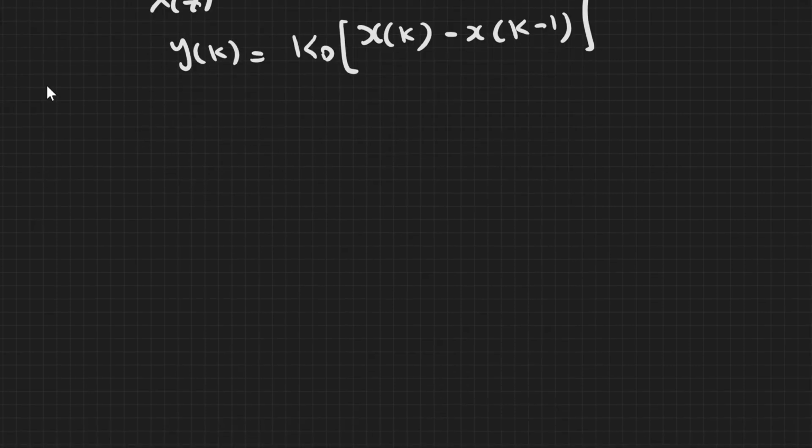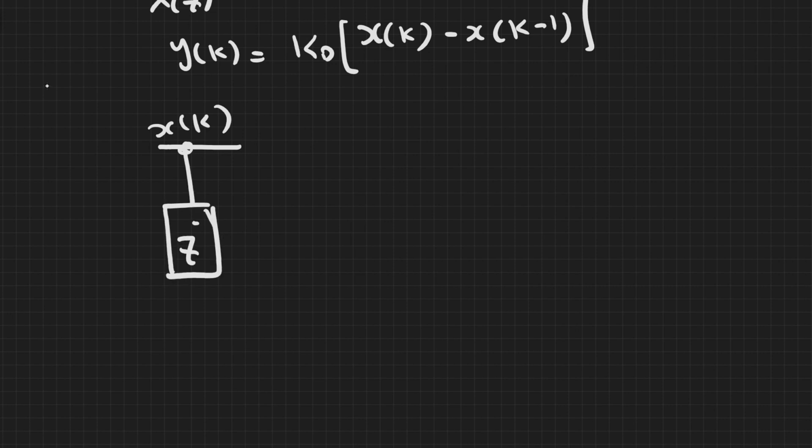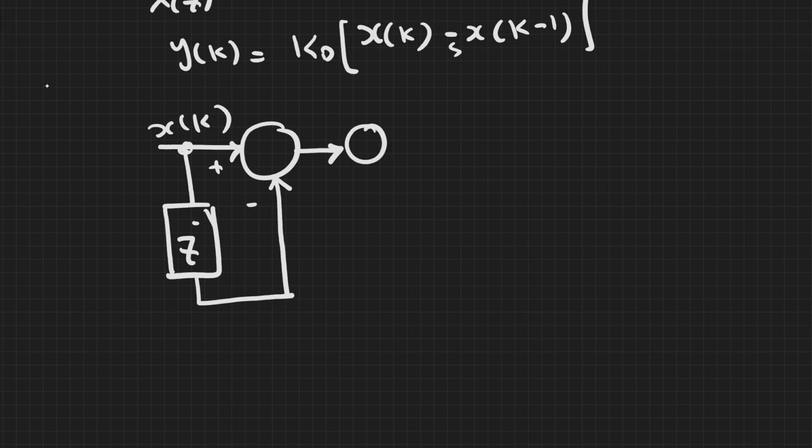You can realize this very easily. If this is the input x of k, we need a delay element at the input, not at the output. So you add a delay element here, and you simply subtract it here. Then you multiply by the kd term, and then you get y of k.